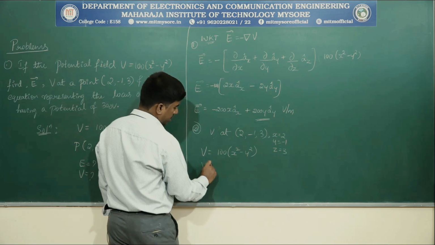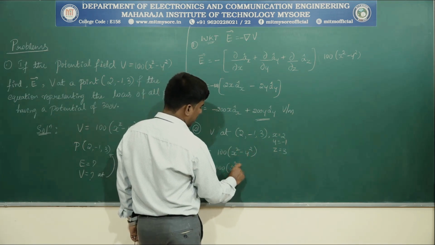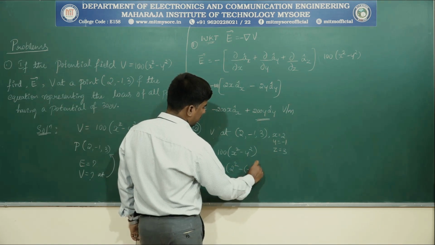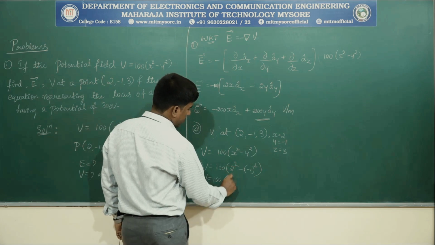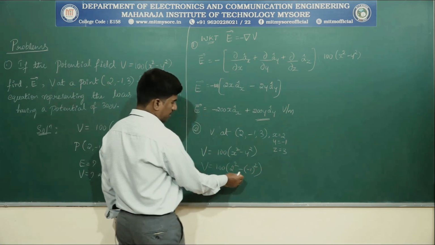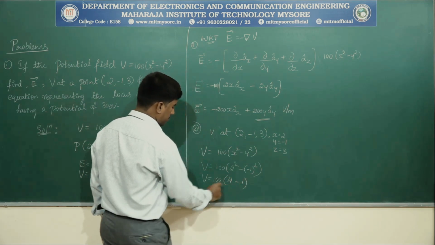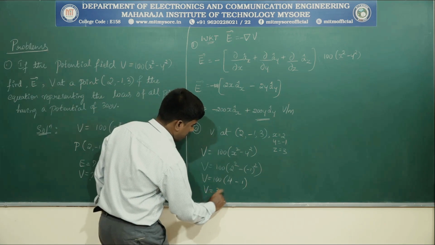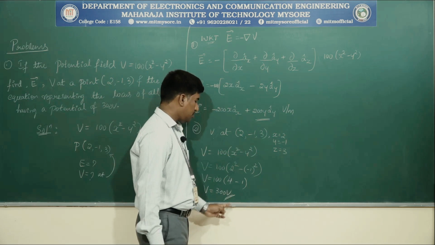Substitute these quantities here. Then x square means 2 square minus of minus 1 square. What is the value? 4. 1 square is 1. Minus 1. What is this? V is equal to 300 volt. So potential at this point is 300 volt.